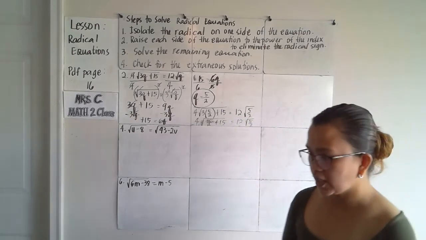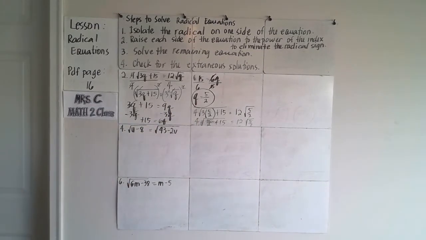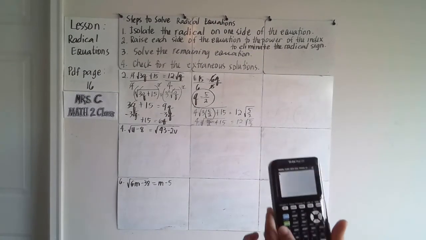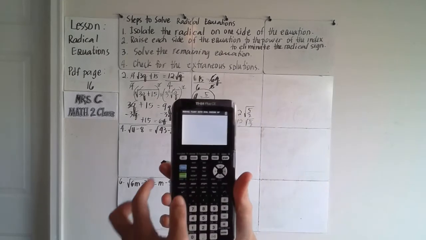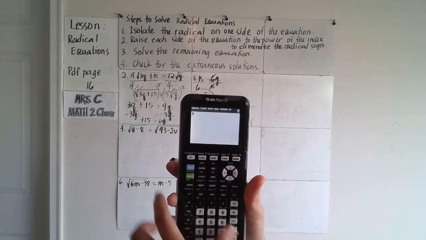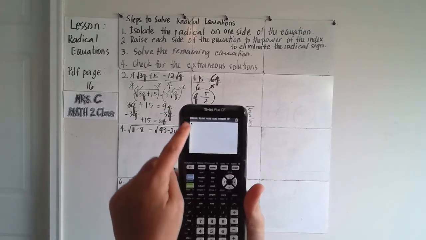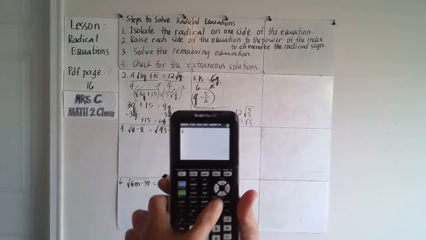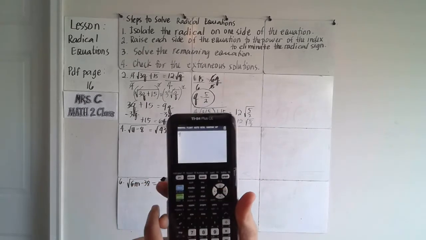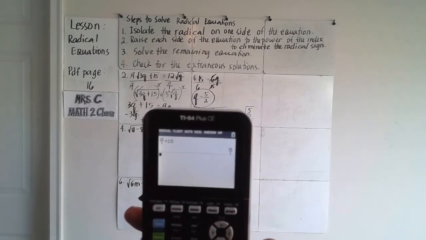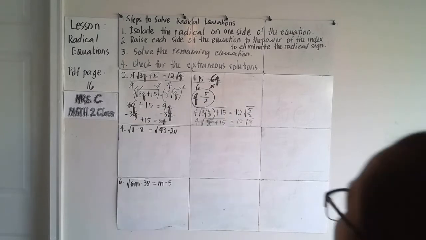Using a calculator, for those who don't know yet, you can plug in and use the fraction function. I just press alpha, y equal, and press equal, and that will give you a fraction right there. So I plug in 15 over 2, and then plus 15, which is a whole number, will give us 45 over 2.